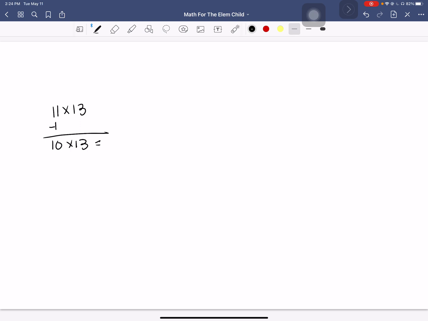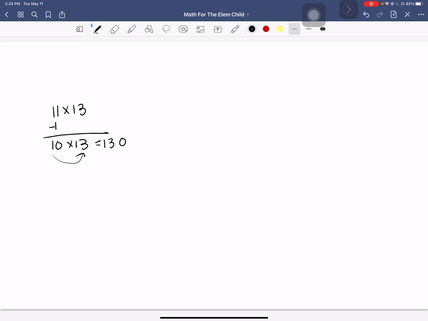Why? Because we have a 0, and anything that is multiplied by a 10 or 100 or 1,000, you want to move that 0 over however many zeros you have. So if you have 1 zero, you want to move that over. And then 13 times 1 is 13, multiplied by itself.